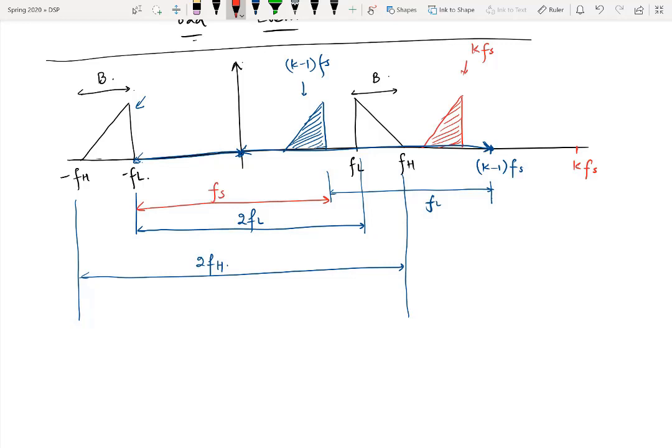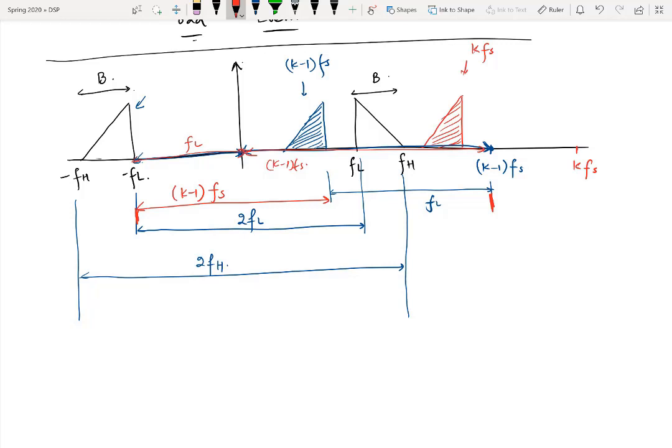fs into (k minus 1), because from this point to this point, it is (k minus 1) fs plus FL, right? And this distance is also FL, and this distance is (k minus 1) times fs. So I have just swapped the two variables.